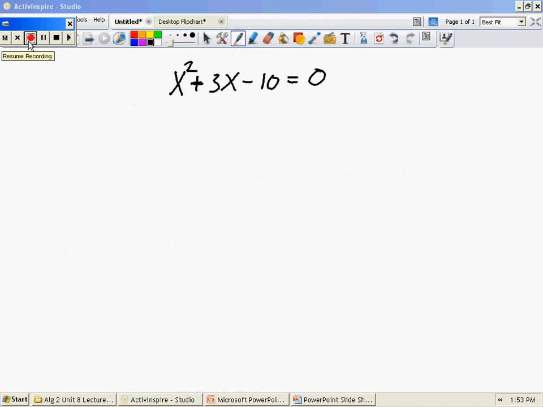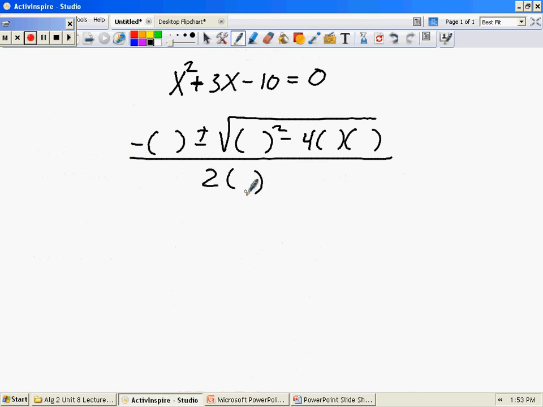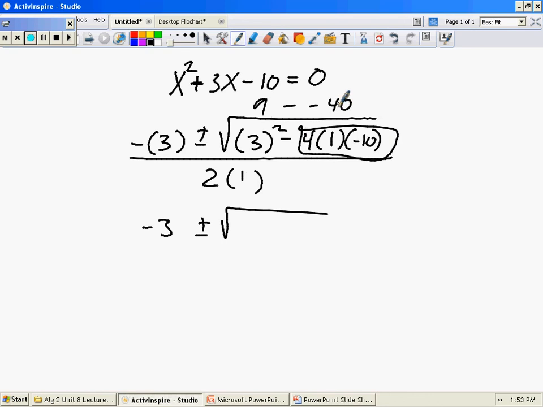Okay, here we go. x equals negative b plus or minus the square root of b squared minus 4 times a times c, all over 2a. So this is going to be 9 minus negative 40, which is positive 49.